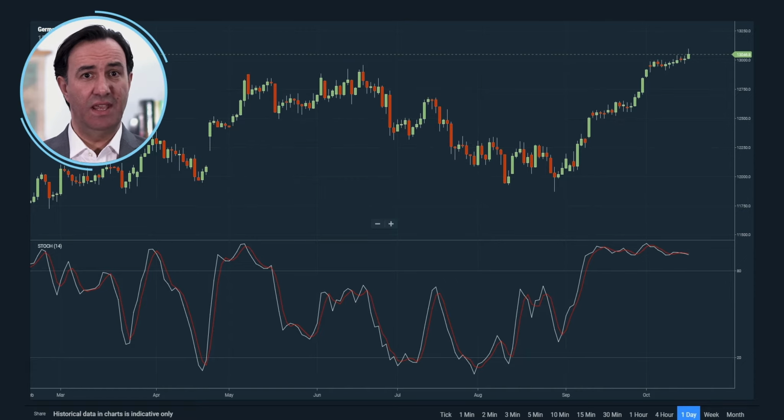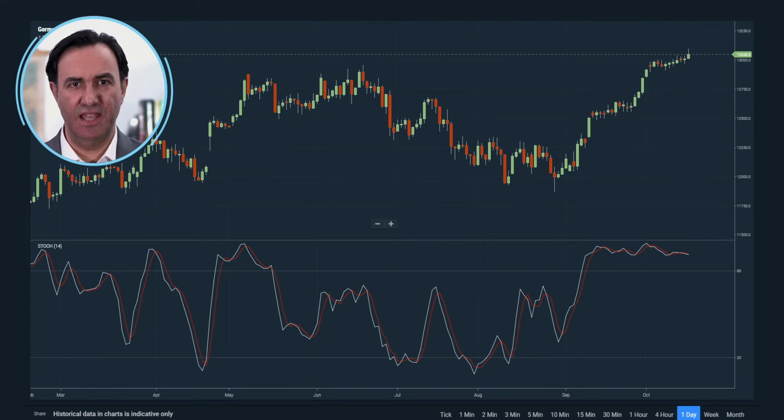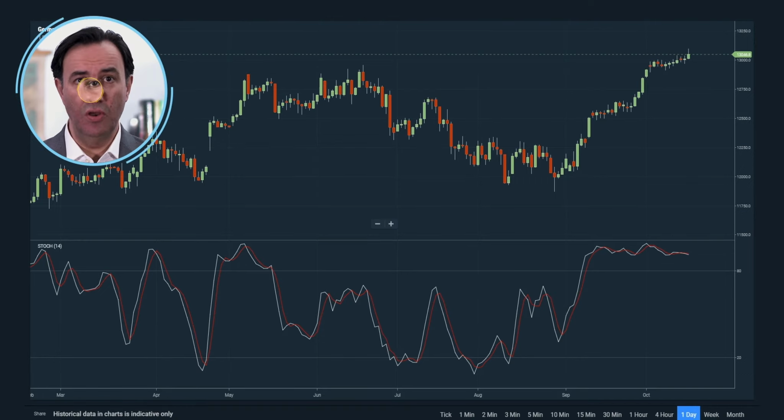Well, securities can become overbought and remain overbought during a strong uptrend. Closing levels that are consistently near the top of the range indicate sustained buying pressure. Remember, our indicator is only looking back 14 days. Good trends can go on for a lot longer.